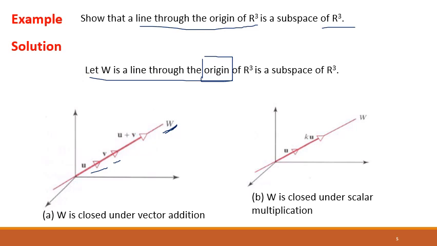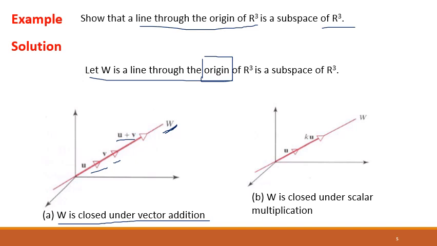When we add u and v, the resultant u plus v will also be in the same direction, but its length would be greater than u and v. So u plus v is also lying on the same line, so we can say that W is closed under vector addition.